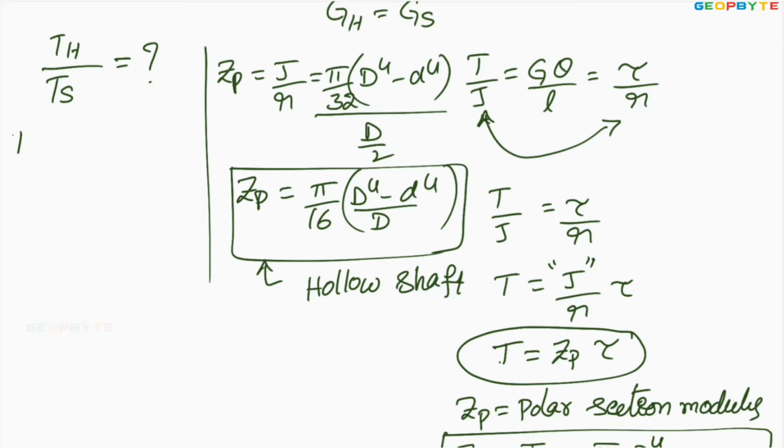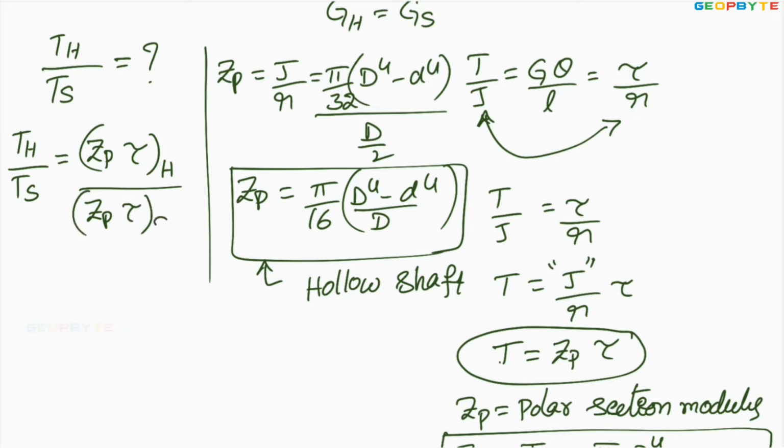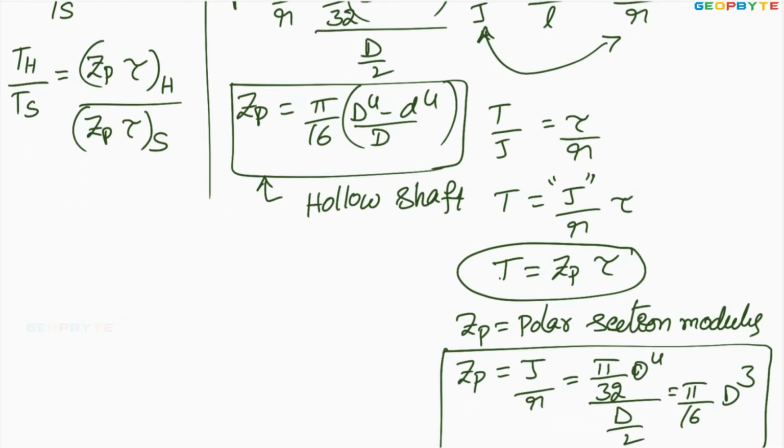Then the torque of the hollow shaft divided by torque of the solid shaft equals Z suffix P into tau for the hollow shaft divided by Z suffix P into tau for the solid shaft. Now assume the shear stress for the hollow shaft equals shear stress for the solid shaft, then these two quantities are cancelled.